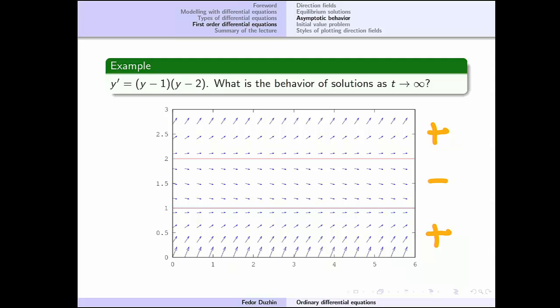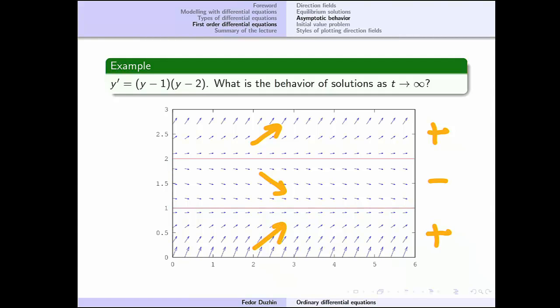Now positive means that all the arrows here point a little bit upward. Sometimes of course they're steeper, sometimes they're more horizontal, but anyway it is upward, which means that here solutions increase. Here solutions will decrease because arrows point downward. The sign of the right-hand side is negative, so y prime is negative, so y is decreasing. And here, because of the same logic, y is increasing.